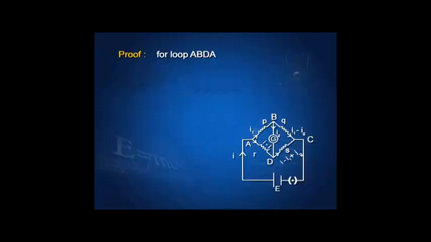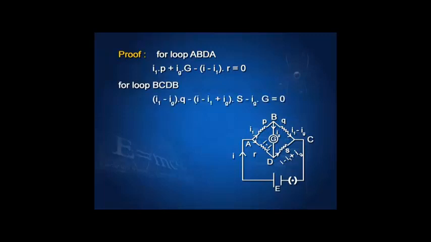For loop ABDA, I1 into P plus Ig into G minus (I minus I1) into R equals 0. For loop BCDB, (I1 minus Ig) into Q minus (I minus I1 plus Ig) into S minus Ig into G equals 0. If the bridge is balanced, then Ig equals 0.